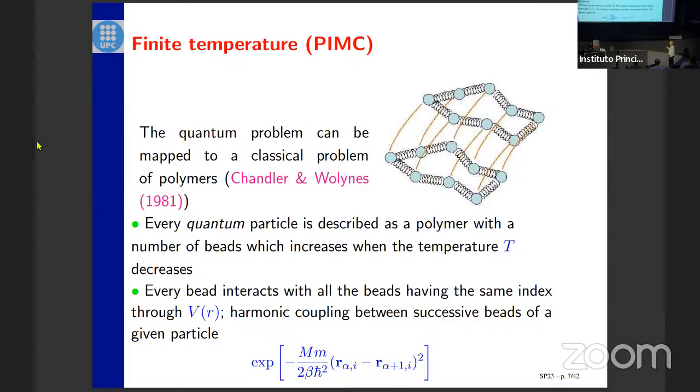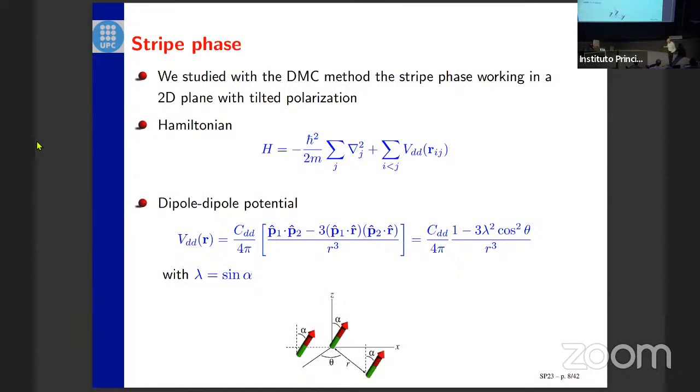This is rather involved, but in recent times we use a proposal called the worm algorithm. It became very famous in our field, in which the sampling of the permutation is much more efficient. At the beginning it was difficult to sample that. Now it is sampled in an efficient way. So I think that with that, we can go to the results that we have obtained in the last years.